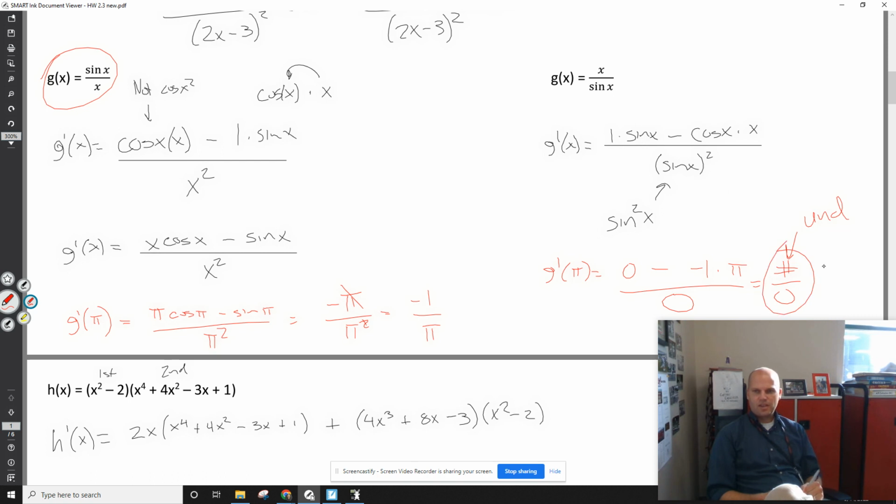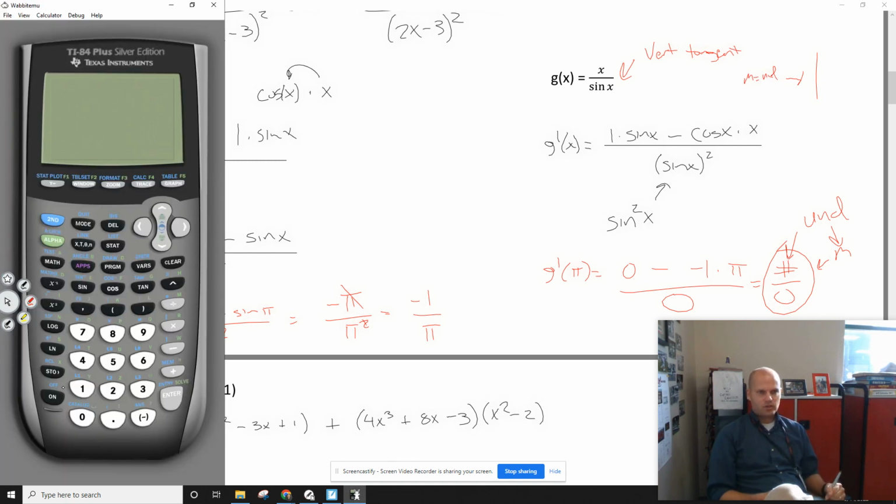If we think about this as being a slope, and if we think about slopes being undefined, we see that this function has a vertical tangent because undefined slopes are vertical. That slope is undefined. What you'll be able to see if you graph x over sine x, you don't have to do this. This is why calculus helps us understand graphs without having to graph.